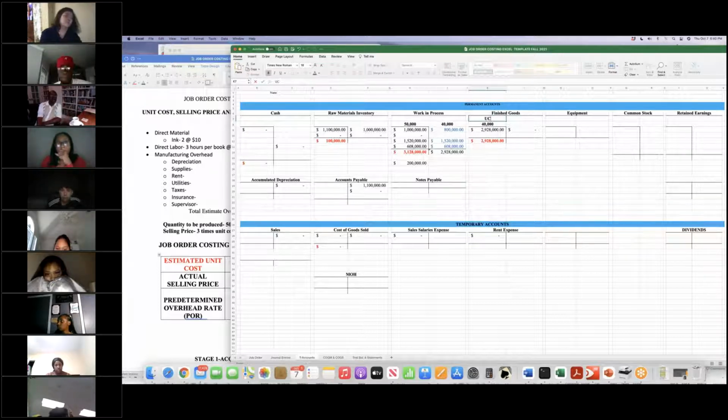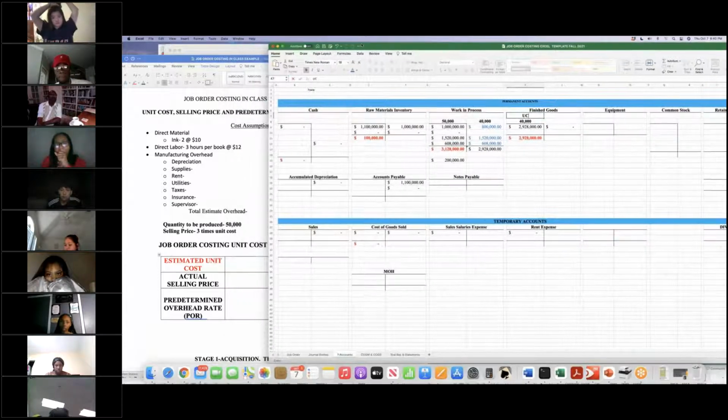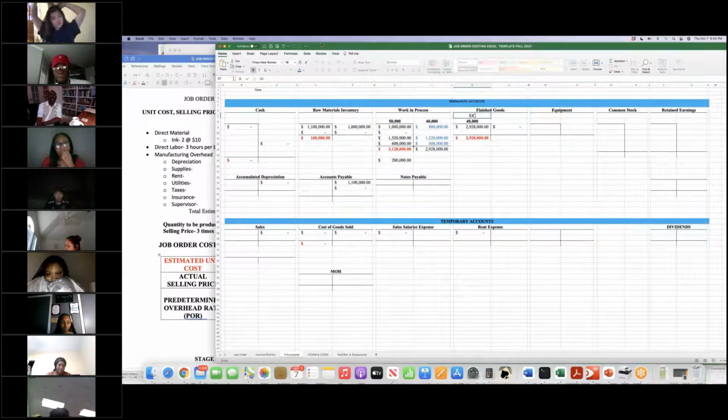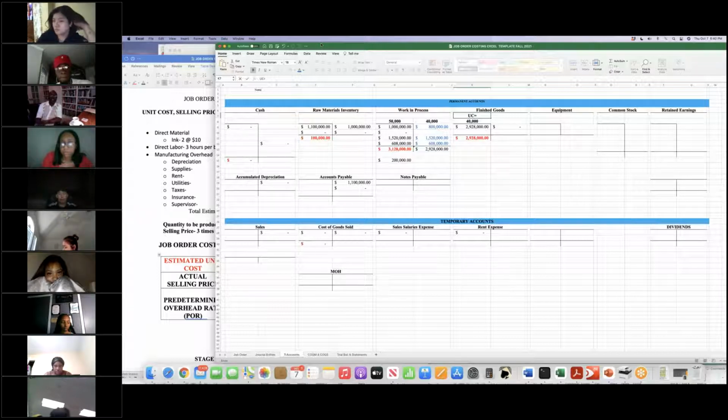So what's the actual unit cost going to be, you think? How much did it cost us to make these books? Let's see if you can divide 2,928,000 by 40,000.